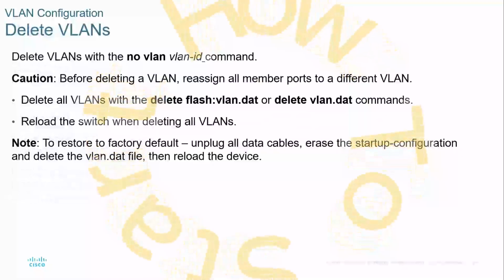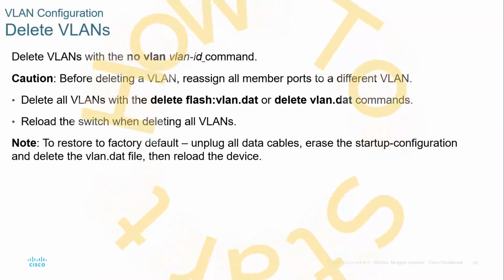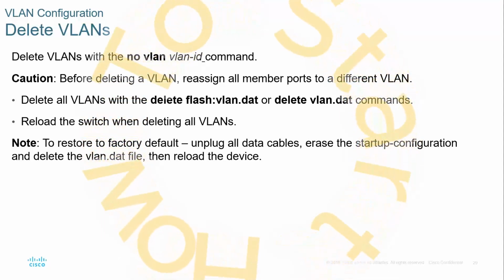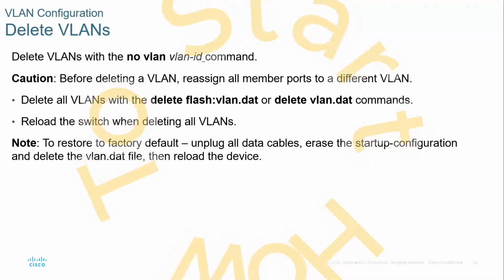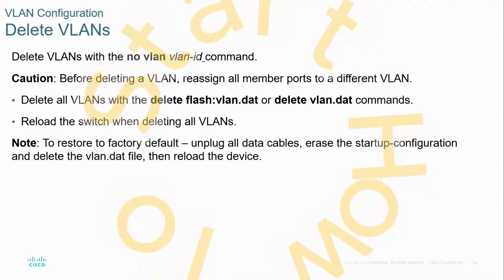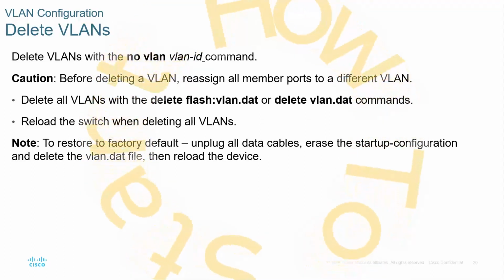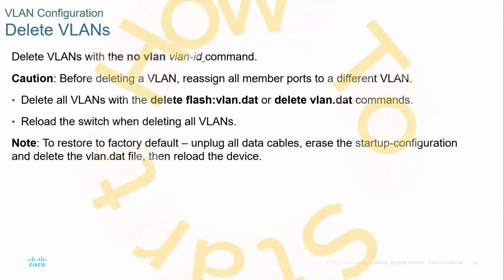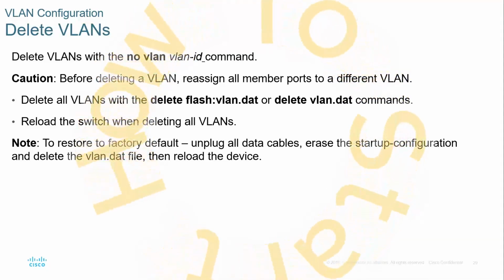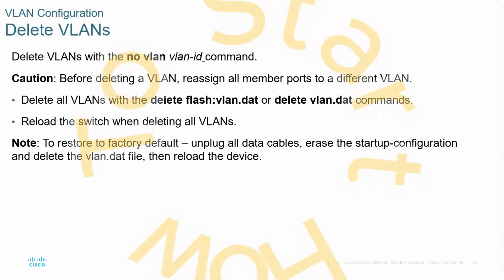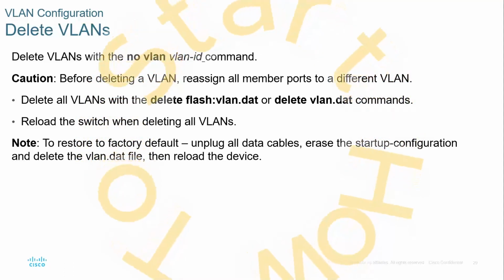How do we delete VLANs? Again, we would delete in Flash the vlan.dat. Or you could do just delete vlan.dat, and that also works. You have to reload the switch because the vlan.dat is stored in memory. So, by deleting the vlan.dat, the running memory is not affected, hence the reload.